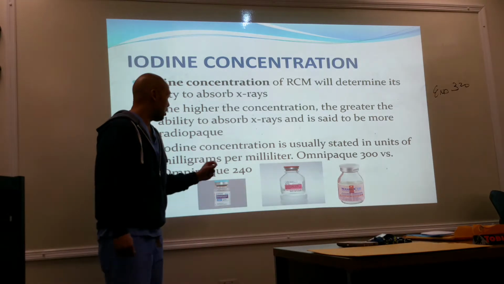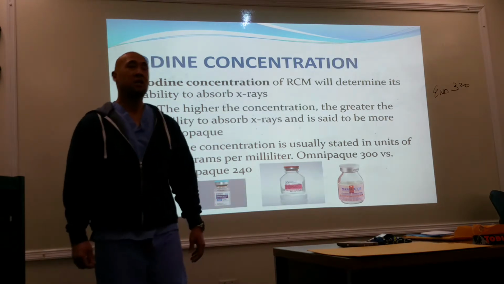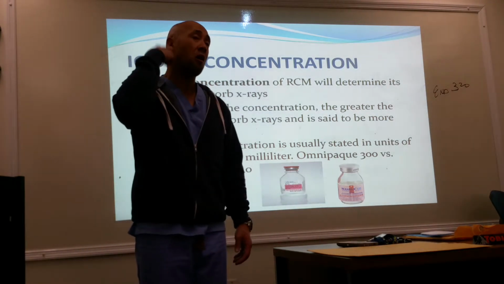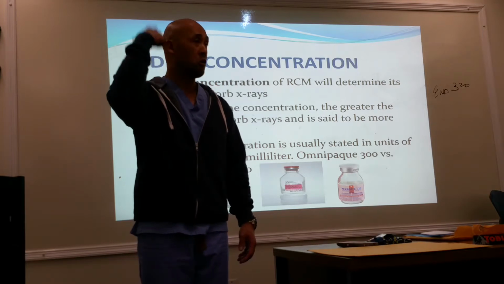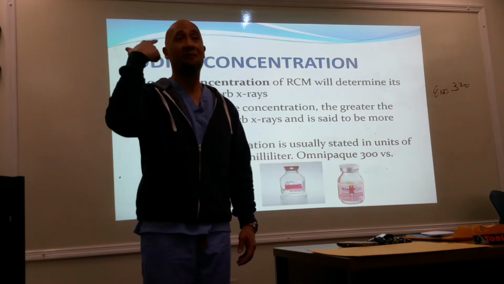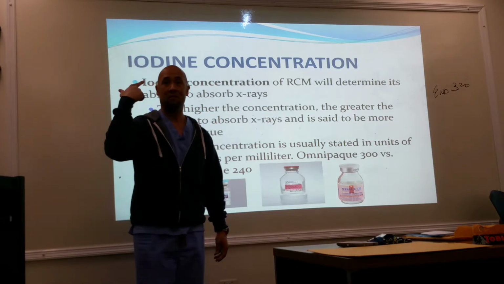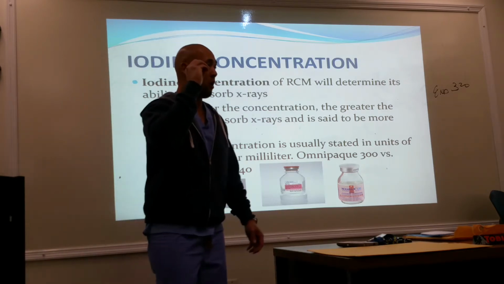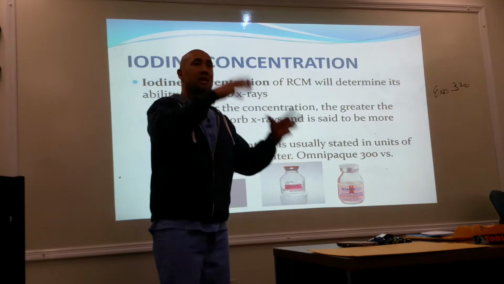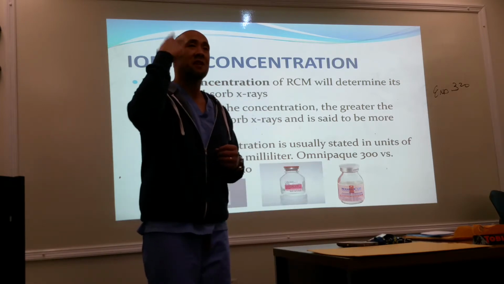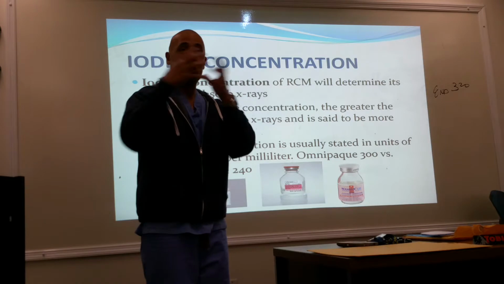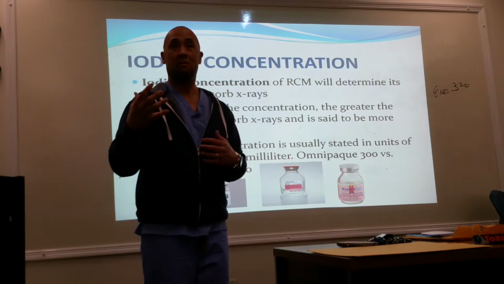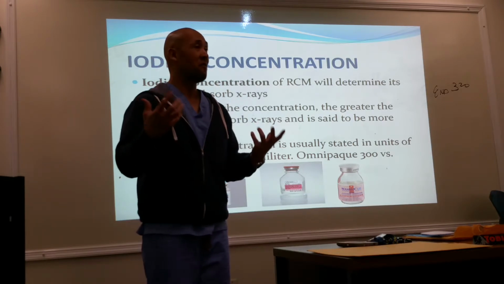Now, if I were to use that 320 to image my basilar artery, going to my brain, it's going to feel like somebody hit me with a sledgehammer, because it's so thick. You are taking up the same space that your blood vessels, which carry oxygen, and it's so thick and so viscous.